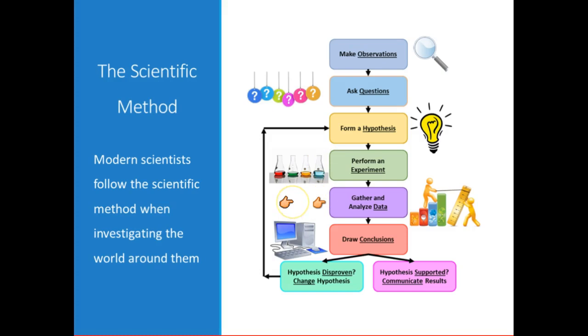The experiment gives us data that we can gather and analyze, and based on our data, we can draw a conclusion, whether or not our data disproves our hypothesis or supports our hypothesis. If it disproves our hypothesis, that means that we have to go back and change our hypothesis so that we can redo this process. If it supports our hypothesis, then we can communicate those results to the wider scientific world so that people can learn from what we learn. Although in our group, that's going to be a much smaller audience.